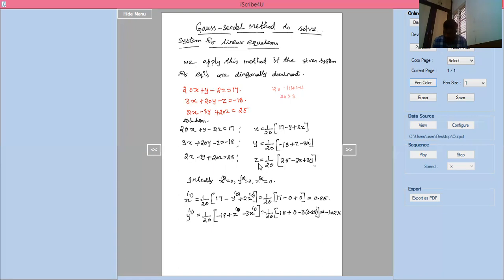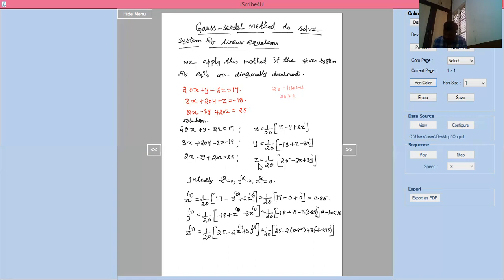Similarly, z of 1 equal to 1 by 20 into 25 minus 2 into x of 1 plus 3 into y of 1. So that equals 1 by 20 into 25 minus 2 into x of 1. The value of x of 1 should be 0.85 plus 3 into y of 1, which is minus 1.0275.